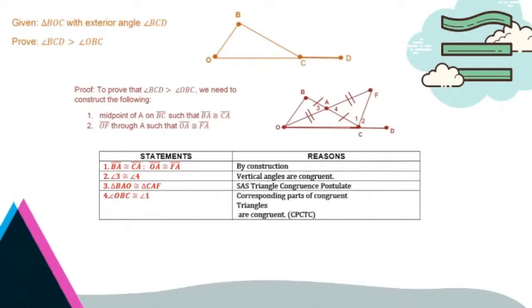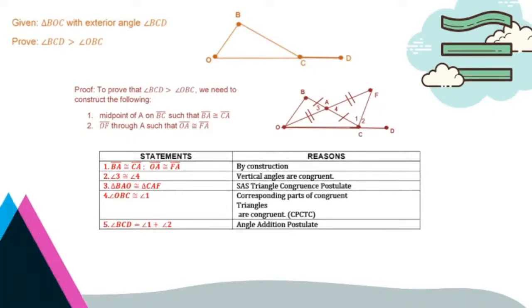Number 4 statement, angle OBC is congruent to angle 1 and the reason is corresponding parts of congruent triangles are congruent, or CPCTC. Number 5, angle BCD is equal to angle 1 plus angle 2 and the reason is angle addition postulate.